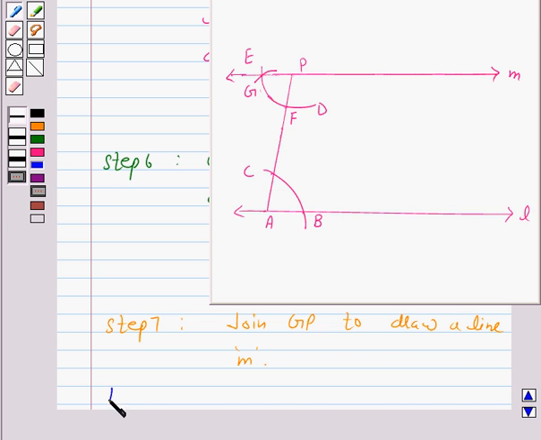Now angle EPA and angle PAB are alternate interior angles.